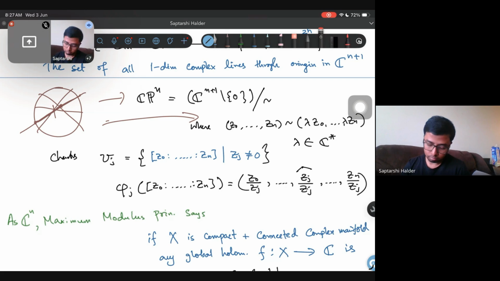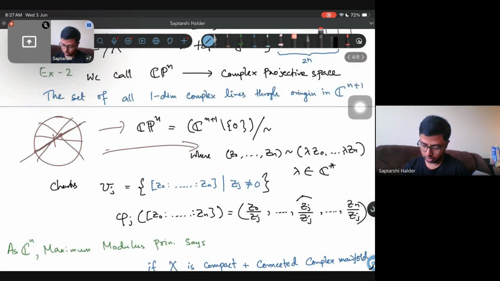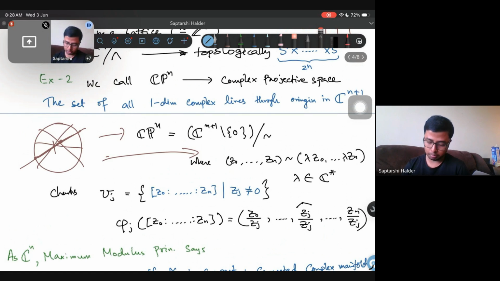So we have seen one trivial example and two non-trivial examples. Remember that this CPn is a very interesting thing. It actually contains a lot of information, so these are explicitly studied in this area of research.